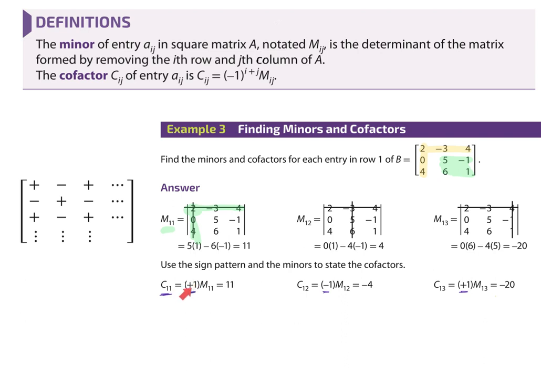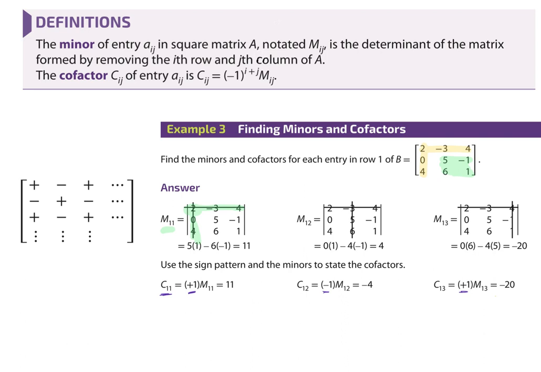So when they did the cofactor here, they just multiplied by positive 1. It didn't change. But this right here is in a negative position, so they multiplied this one by negative. This one is in a positive position, so they didn't change that one, okay? And so that's going to help us do determinants of 3 by 3s a secondary way, using your cofactors, okay?